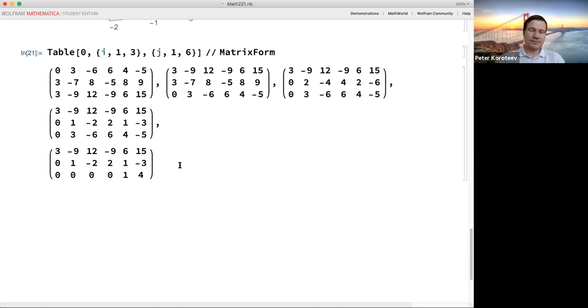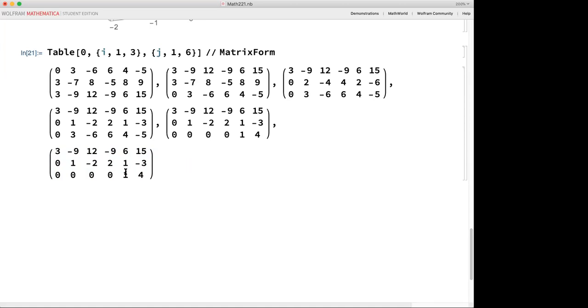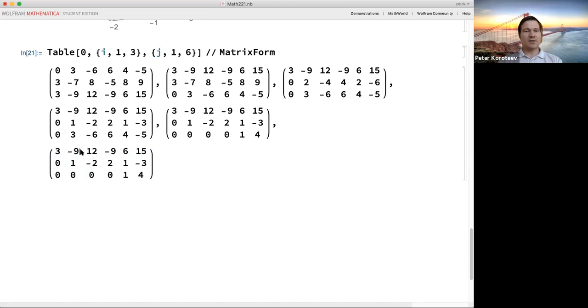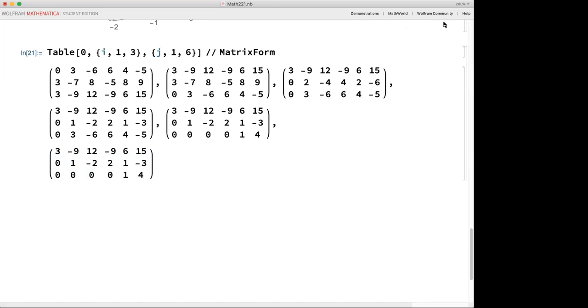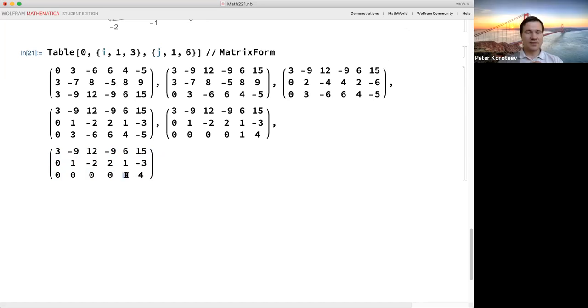So now we're doing the backward operation. Multiply the second row by 9 and add to the first row. Oh, you want to do this one first? Both are okay, but it's better to start from the bottom to the top.